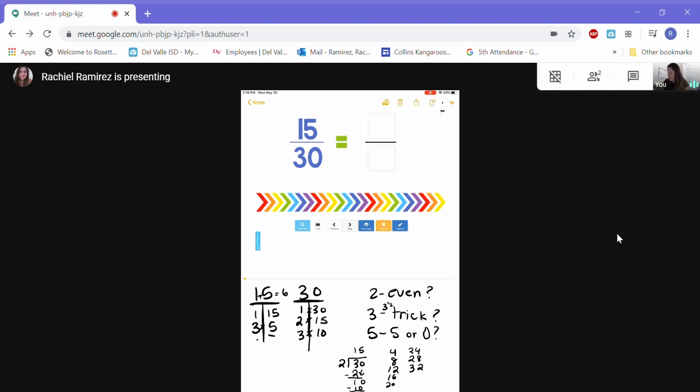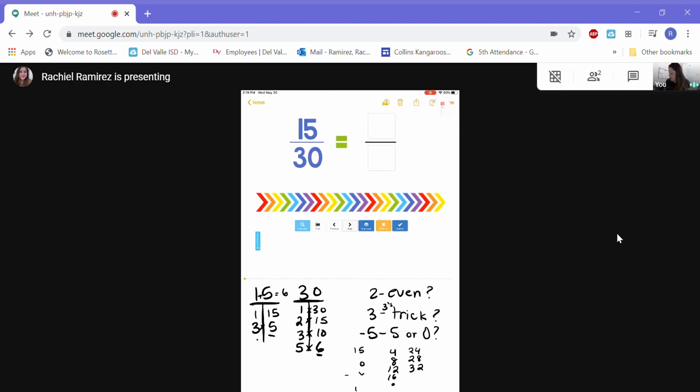Well, what about 5? Does it end in a 5 or a 0? 5 times what number equals 30? 5 times 6 equals 30. Now, we're going on to the next number, which is a 6. Well, 6 is already there, which means that we are done writing out those factors.